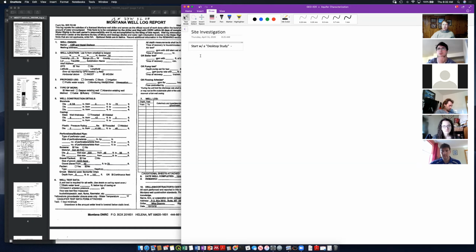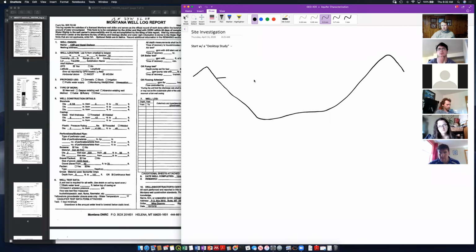So things I know about this Clark Fork area, well, we're in the western Montana zone where we've got sort of mountain blocks on either side. We've got this alluvial valley with the river in it.